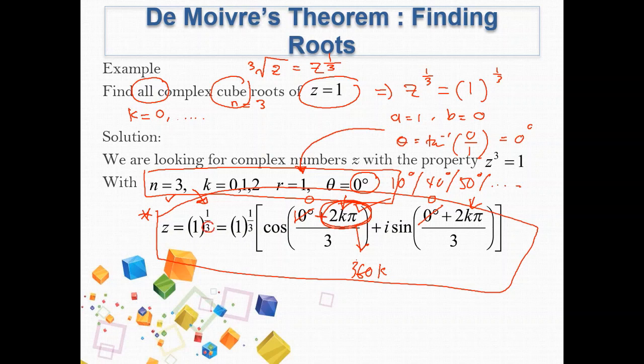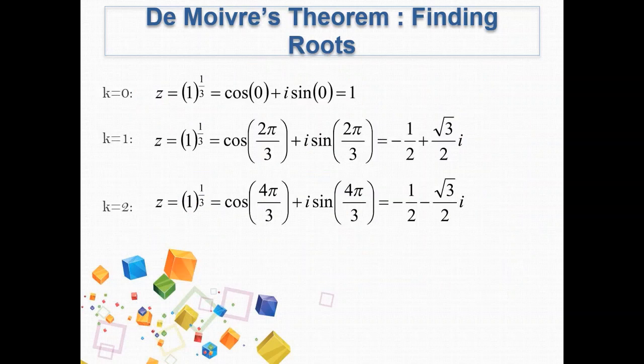Because you have n here, you have to substitute n here, you substitute your theta here, which is 0, and then you leave your k in general. You substitute n here, now it becomes a very general formula, and just leave substitution of k into it. Alright, so next you just substitute. First you do for k equal to 0.